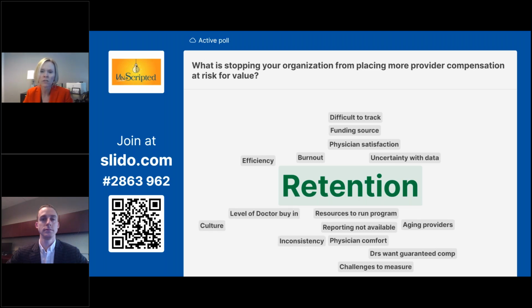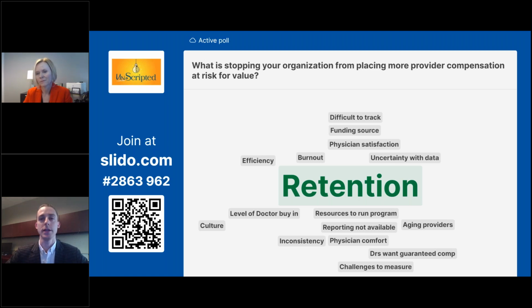So that's interesting. And I think as important as the cultural shift and the education is the infrastructure as well. I mean, we see uncertainty with data, difficult to track. There's certainly some time lags in these type of metrics as well. And so as physicians think about their compensation, they want to be able to tell if it's going to go up or down or stay the same.